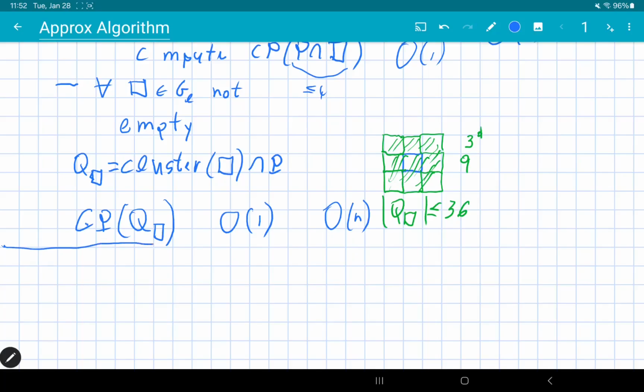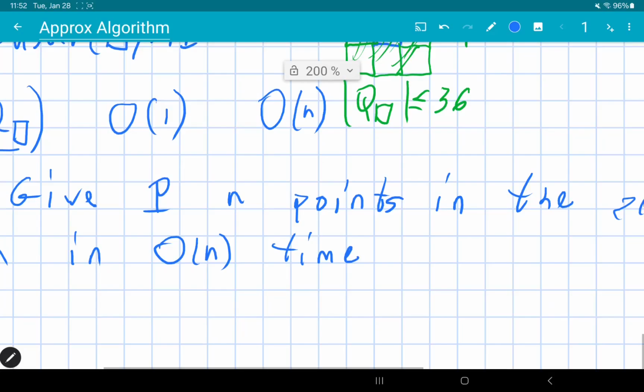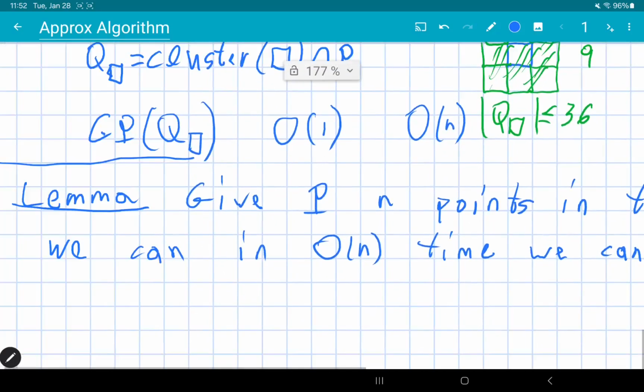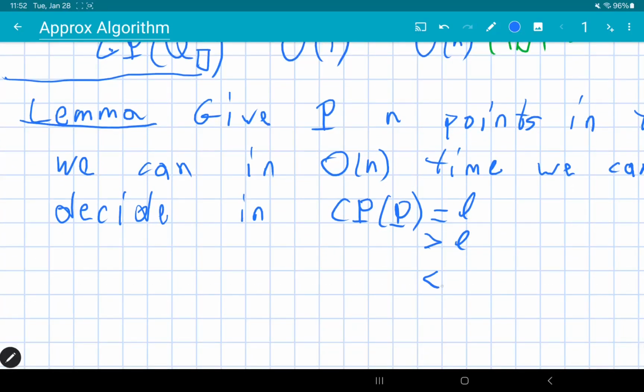So what we got is the following result. Lemma: given P, a set of points in the plane, we can, in linear time, in O(n) time, decide if CP of P is equal to L, bigger than L, or smaller than L, right?